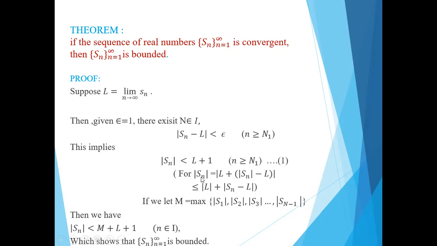For modulus of Sn equals modulus of L plus (Sn minus L), which is less than or equal to modulus of L plus modulus of Sn minus L. We let m equal the maximum of the set of modulus of S1, modulus of S2, modulus of S3, etc., up to modulus of S(n1 minus 1). Then modulus of Sn is less than m plus modulus of L plus 1, so that {Sn}, n equal to 1 to infinity, is bounded.